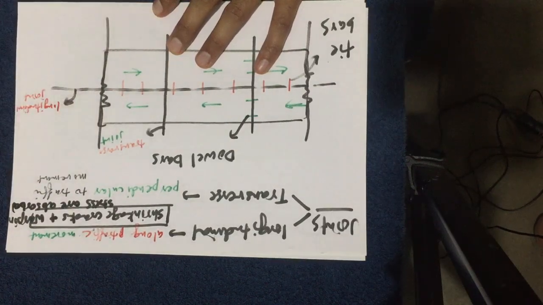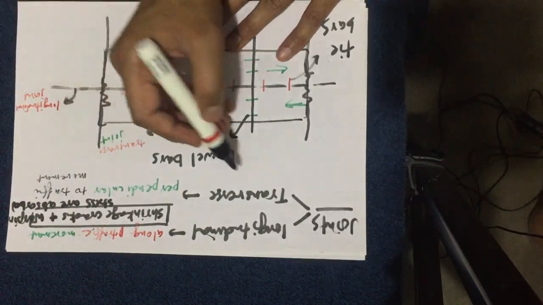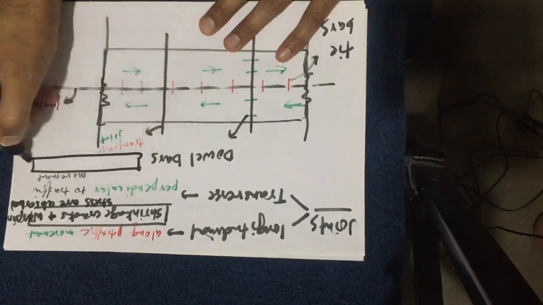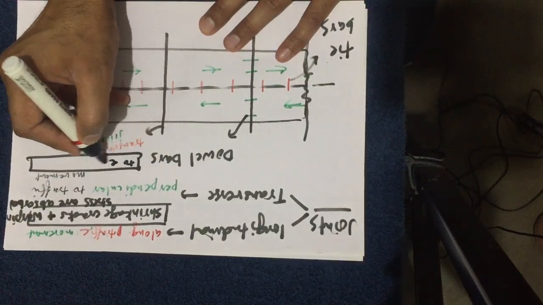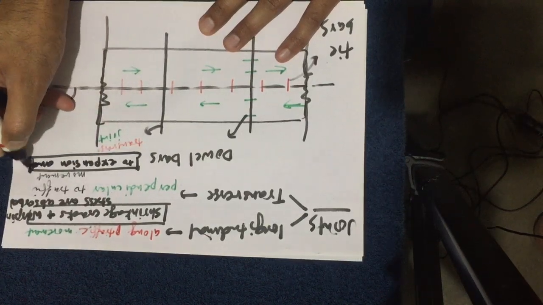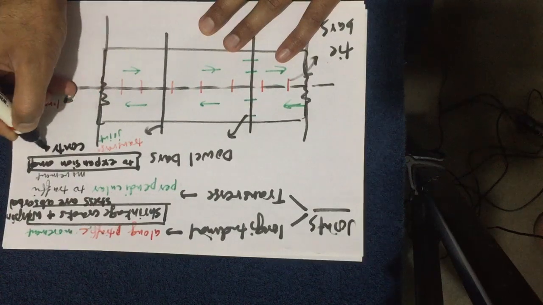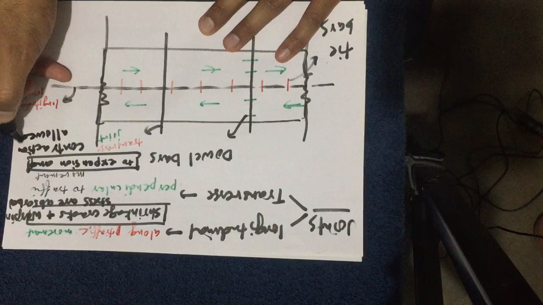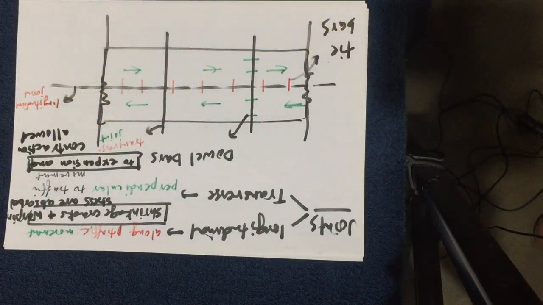And the transverse joint is to allow the expansion and contraction of the pavement slab if there is a temperature differential between the environment temperature and the temperature of the slab being constructed.